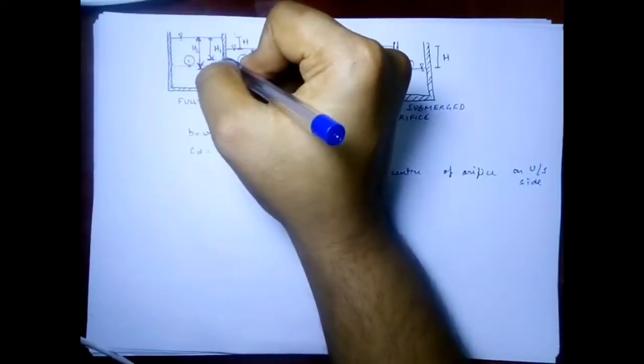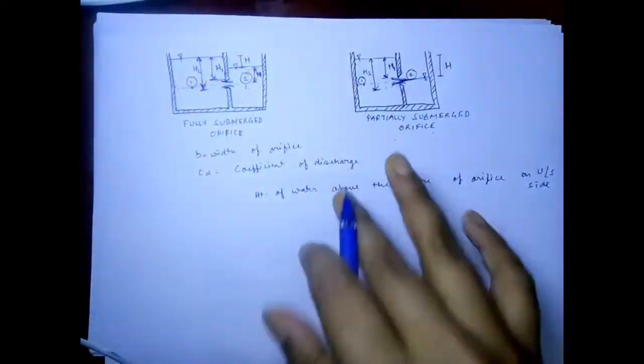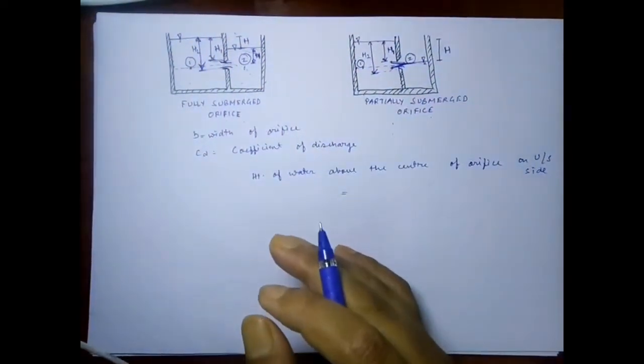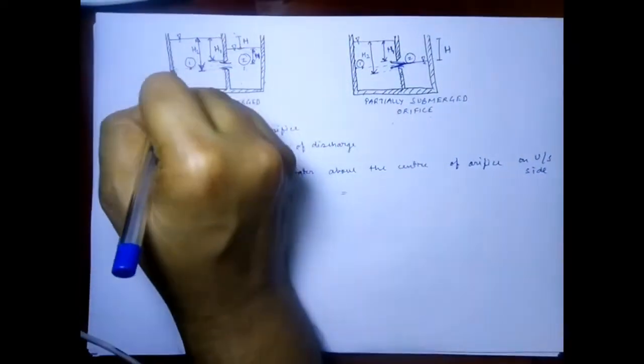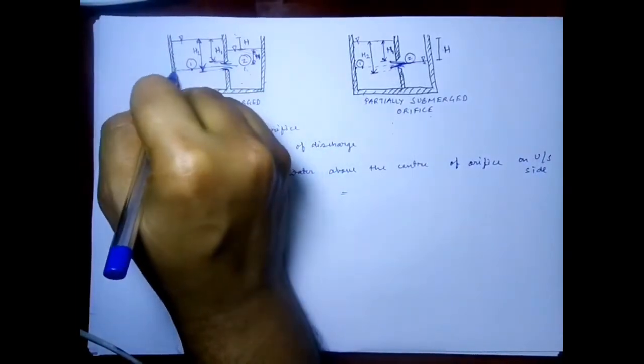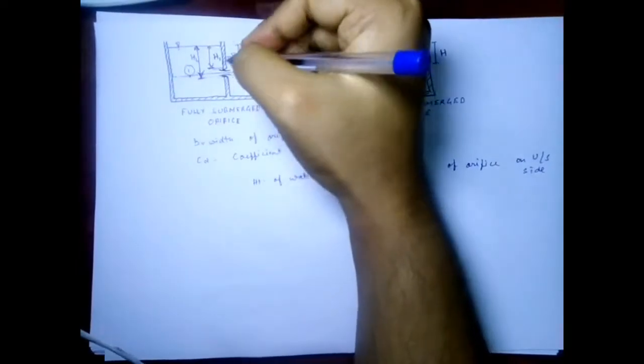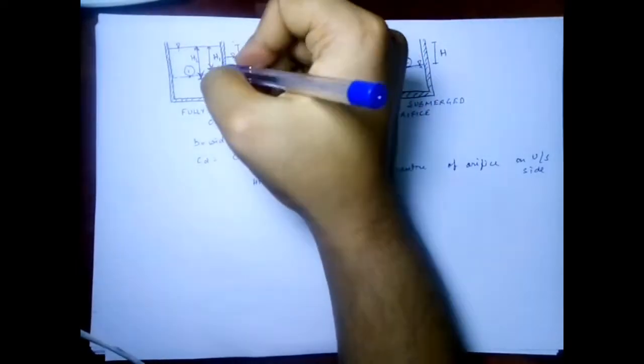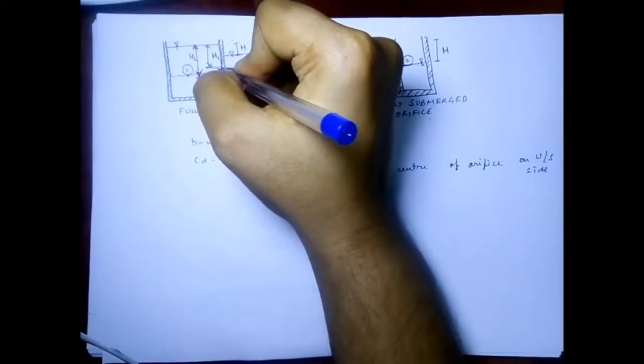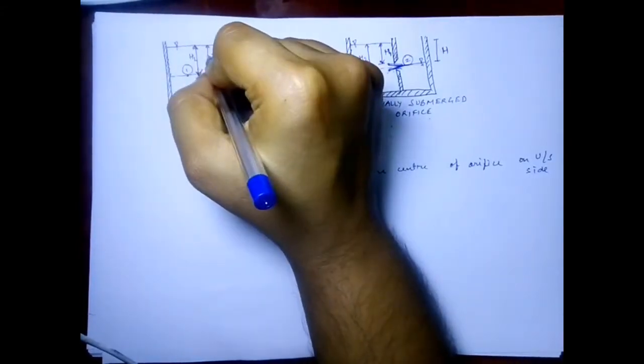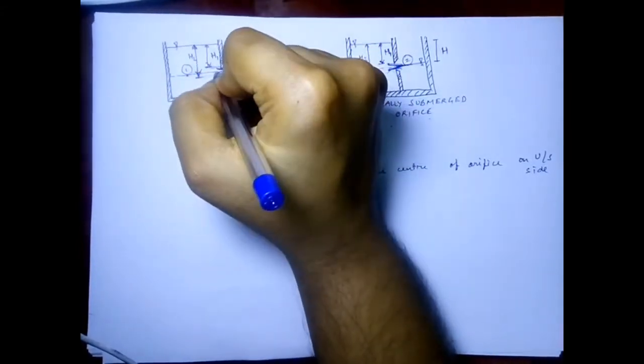This height is H1, and suppose this is the center line of the orifice, and this one is the height from above, and the half part of the orifice will be taken by H2 minus H1 by 2.